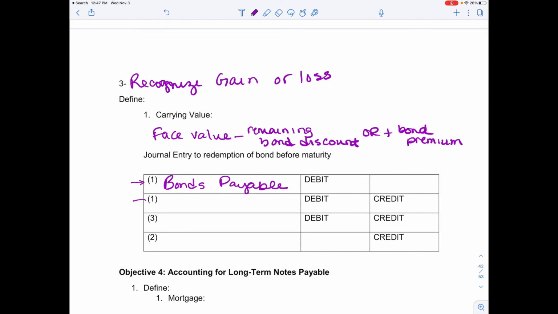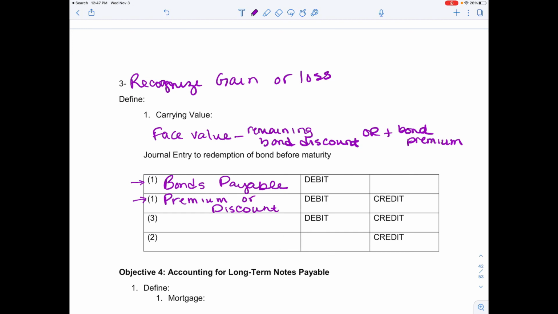This is part of the first step. We're going to get rid of that premium or discount. Get those off the books. Remember, this is going to eliminate that carrying value by getting rid of both of those things.